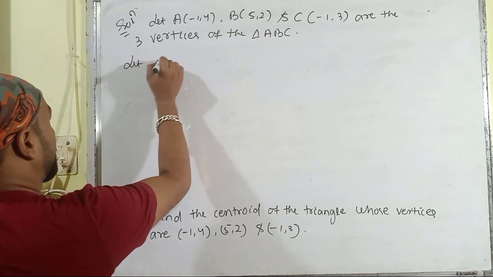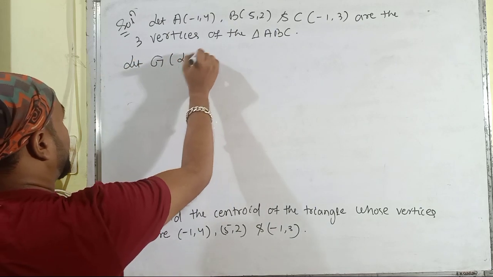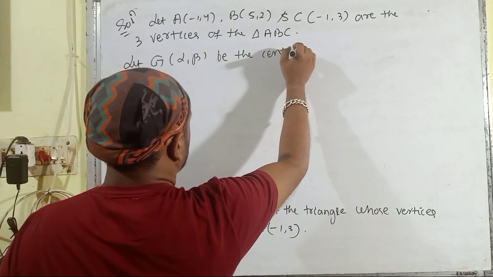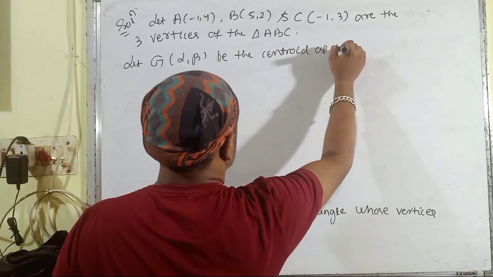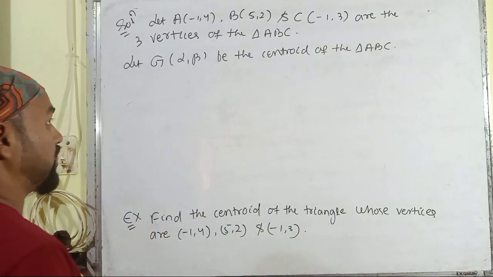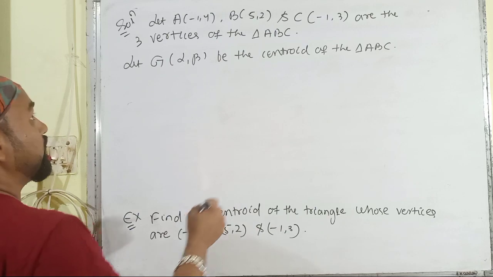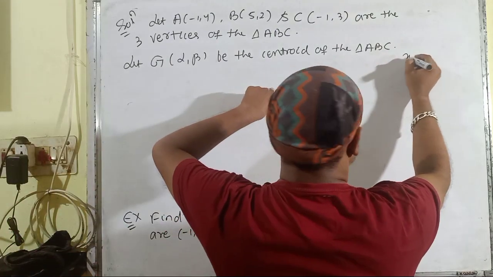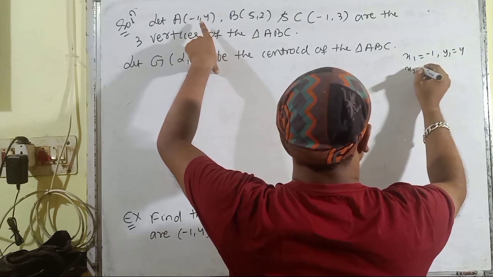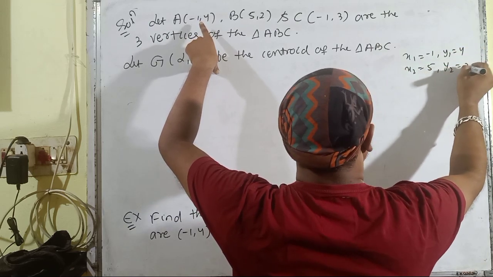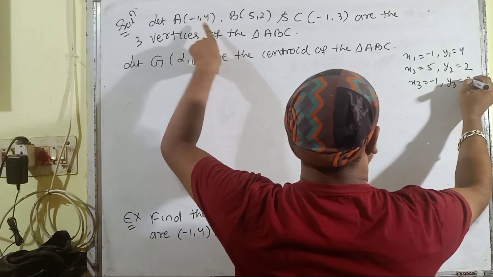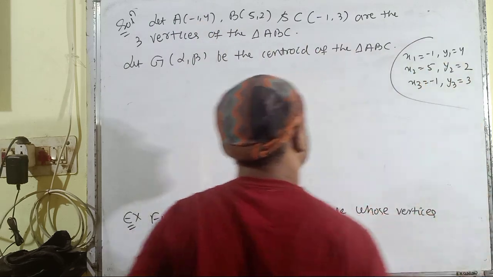Let G(alpha, beta) be the centroid of the triangle ABC. Here x1 is equal to -1, y1 is equal to 4, x2 is equal to 5, y2 is equal to 2, x3 is equal to -1, y3 is equal to 3.